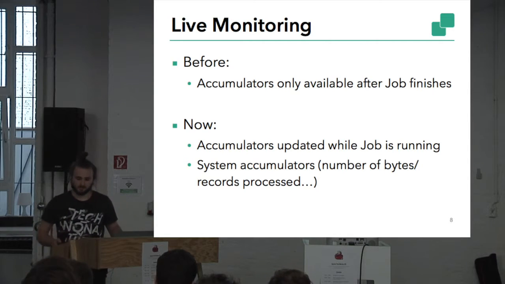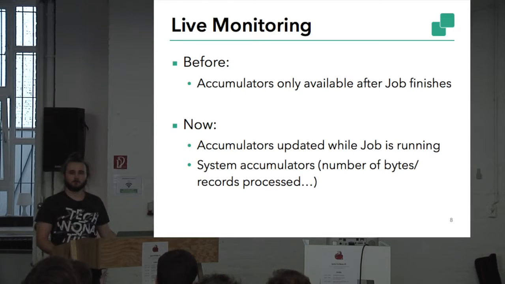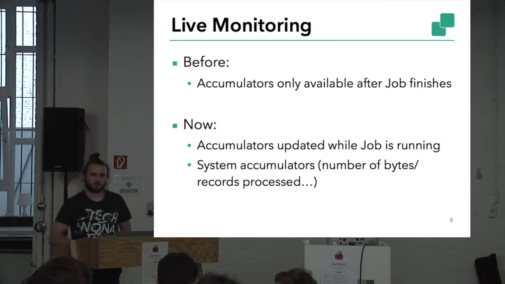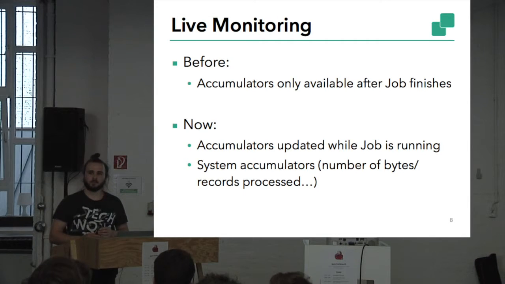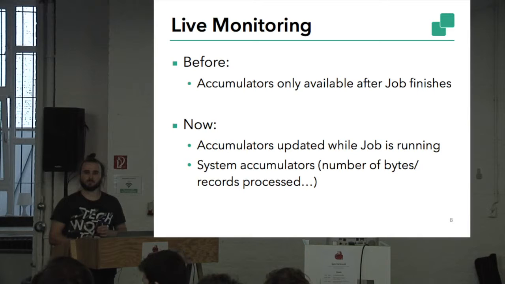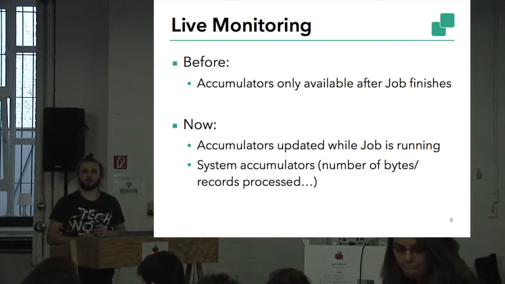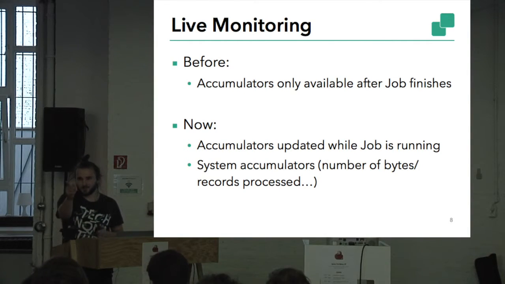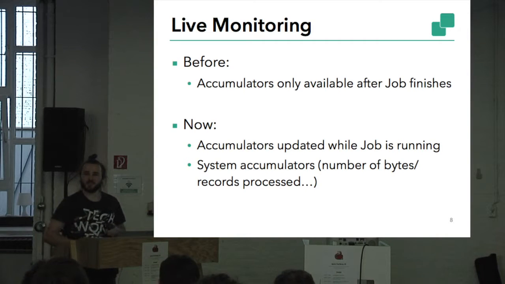Yes, please. Can you choose the frequency in which the accumulators are updated? Or, to get the information from the accumulators, do you have to make a request, or do the accumulators send their status updates and put them in some kind of system? I have to put the question to this guy because he implemented the updated accumulator feature.